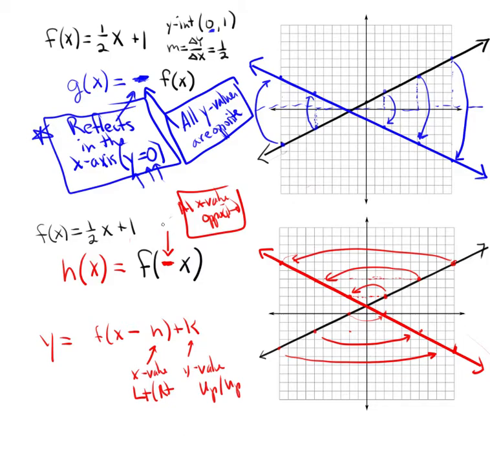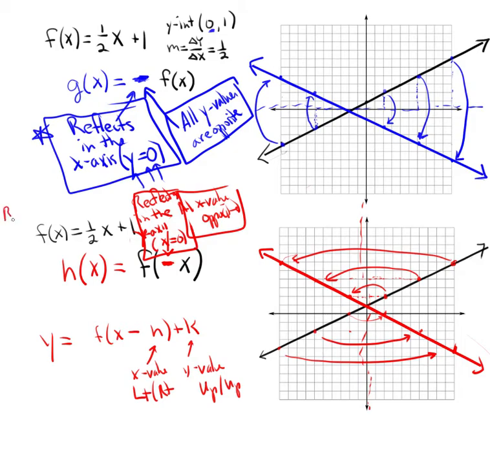So what that means for our reflection is that it reflects in the y-axis. And remember, that's a vertical line, on the x-axis here. So that means x equals 0 is our equation. So let me rewrite that over here.